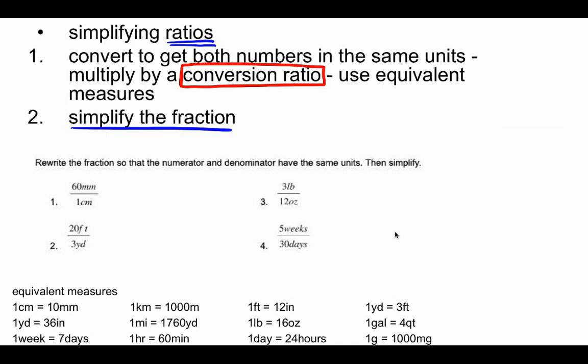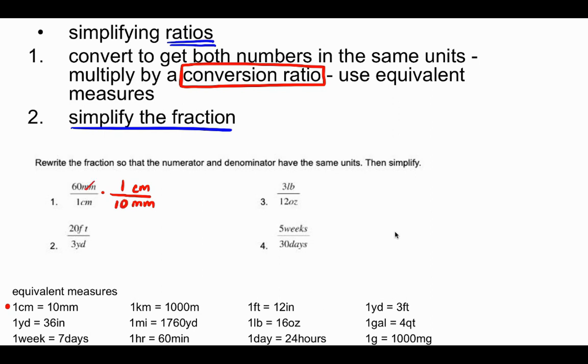So for the first problem, we have that 10 millimeters is equal to 1 centimeter. To convert, we put the units in the opposite location of our conversion ratio, so centimeters is going to go over millimeters. Then we get our equivalent values. It takes 1 centimeter to be the same thing as 10 millimeters.